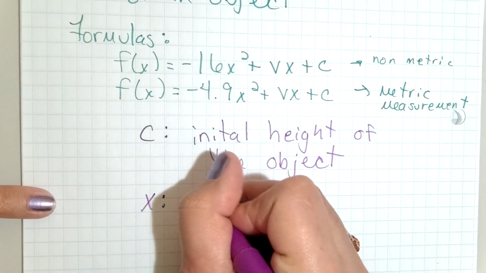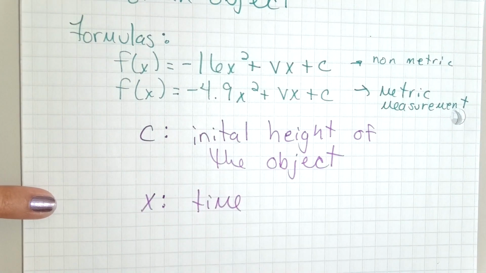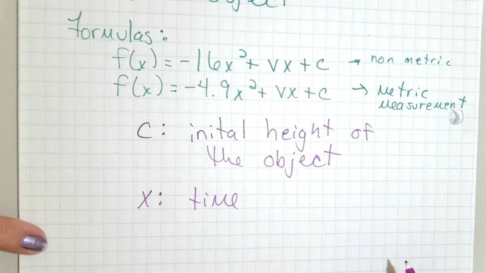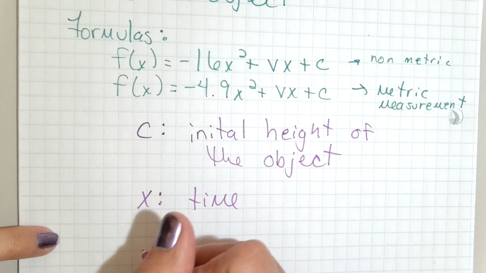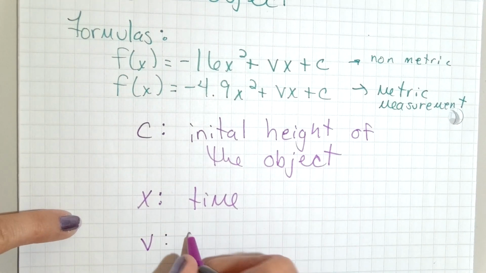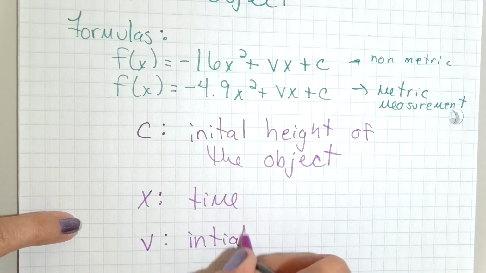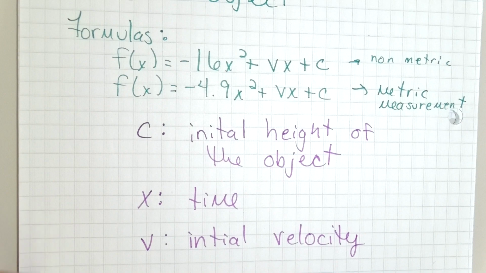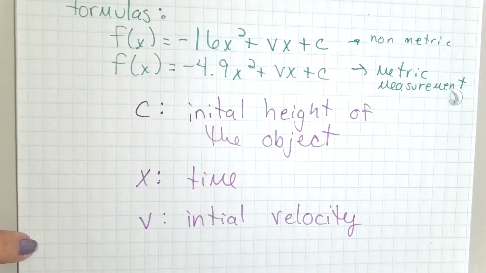x will be time. Right now, time is measured in seconds, so we don't have to worry about that, but eventually it would change depending on the context of the problem. v is your initial velocity. We talked about velocity yesterday.